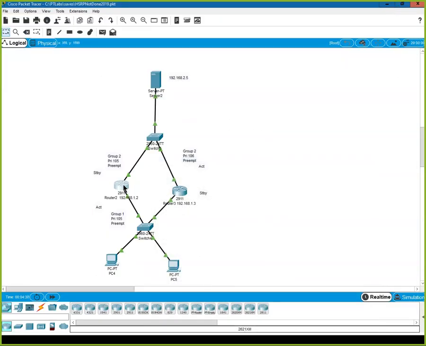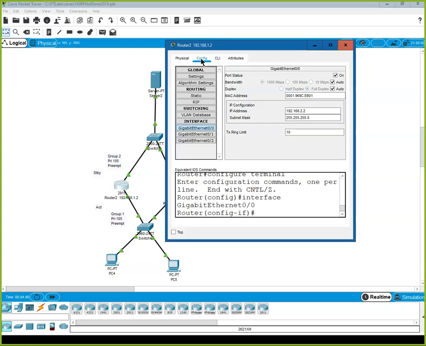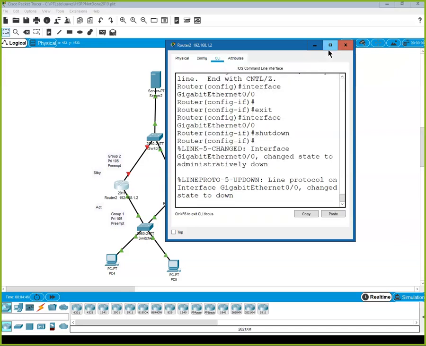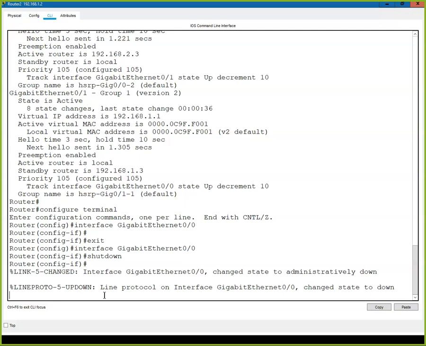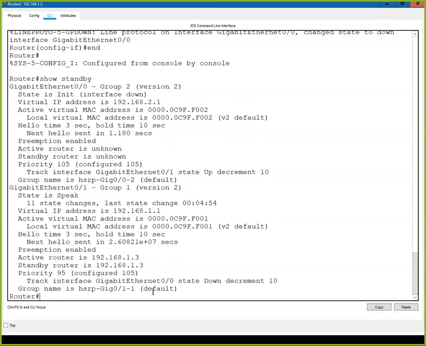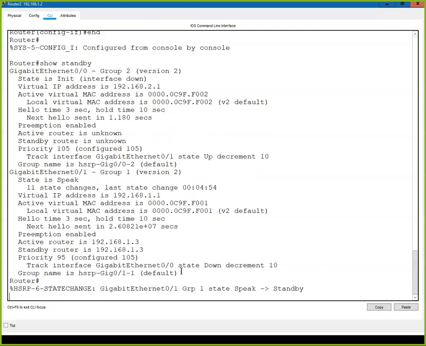So let's make that interface that we're tracking go down, gig 0/0. Let's make it go down. And then let's go back here and see if it changed the priority. It's working right. Tracking, so it went to standby. This one now says that it's configured to 105, the priority is 95. It had actually decremented.